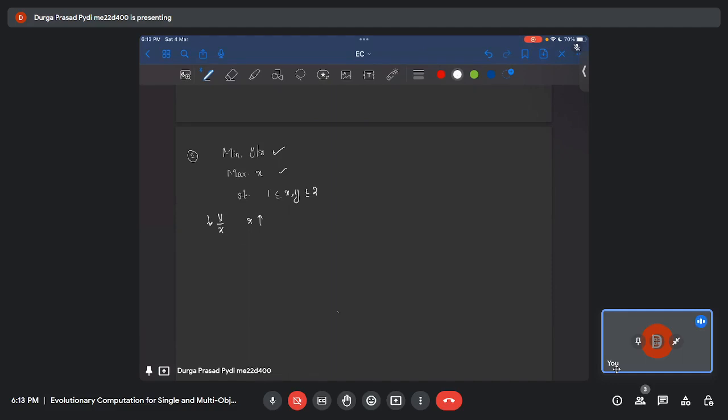Let me just draw graphically to see what is happening here. This is my coordinates, x and y, which are just positive. This is my feasible space, my domain, and what I'm saying is basically maximize the value of x.